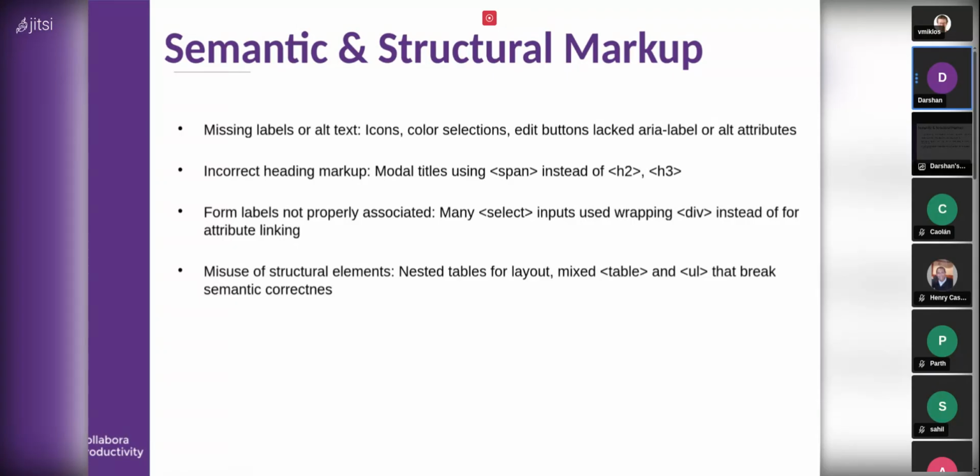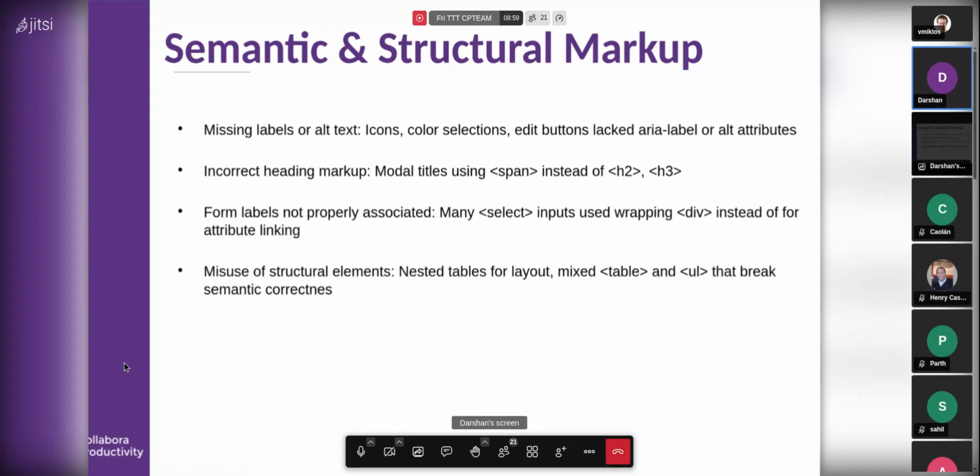The other thing is incorrect heading markup. Instead of semantically structuring the models with header tags like h2 or h3, we used the span tag and targeted the class, giving font sizes, which is not the best practice if we want the DOM to be cleaner and more precise for assistive technologies.